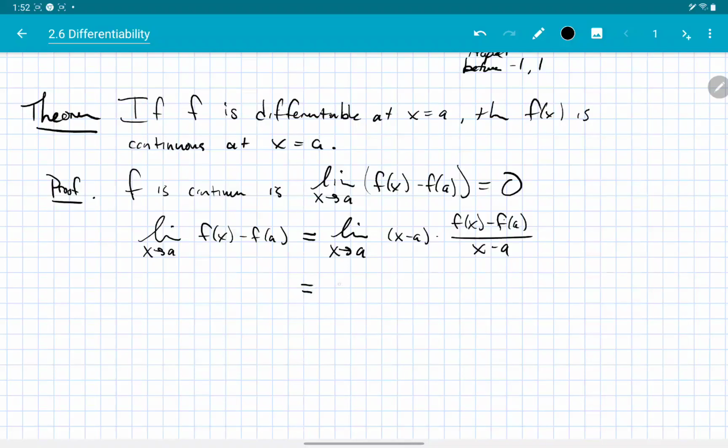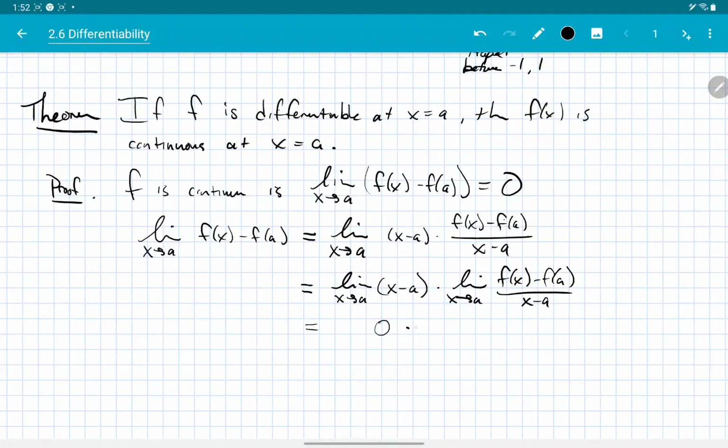Now I could use one of my limit laws to say this is the limit as x approaches a of x minus a times the limit as x approaches a of f of x minus f of a over x minus a. I can split my limit into two limits. This first limit is 0. The second limit is actually the definition of the derivative at a, which, since the function is differentiable, exists.